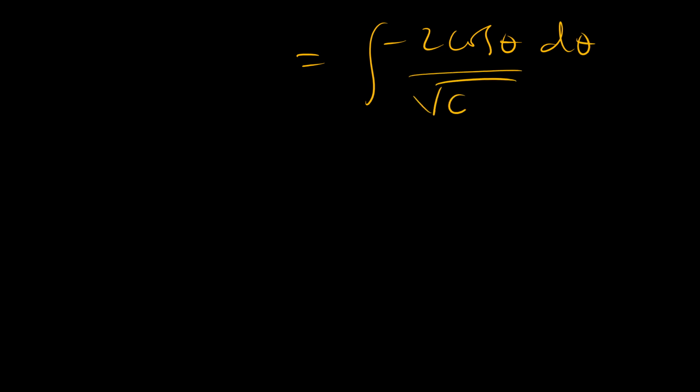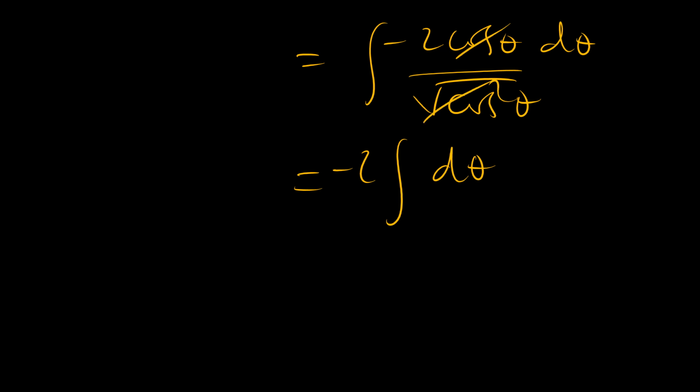So this becomes negative 2 cos theta d theta over the square root of cos squared theta, because 1 minus sine squared theta is that. And this becomes now, right? Because this and that would cancel. And this becomes now negative 2 theta plus c.